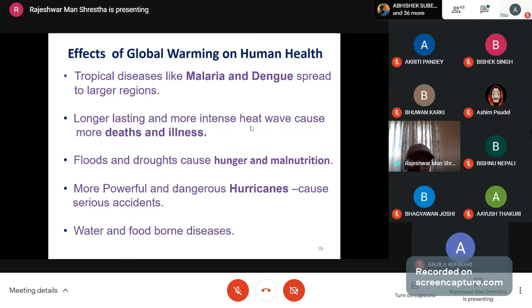Then more powerful and dangerous hurricanes cause serious accidents. Then water-borne and food-borne diseases. The food will be easily damaged by higher temperature.